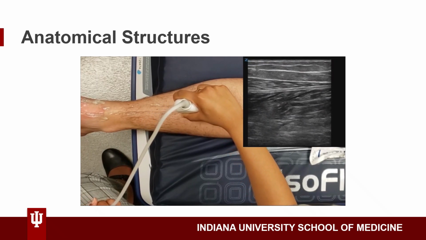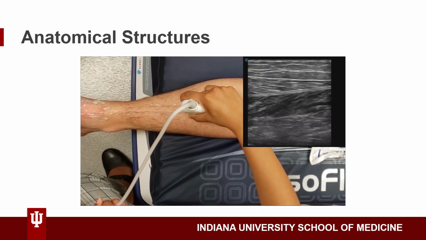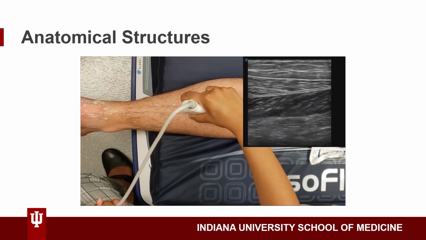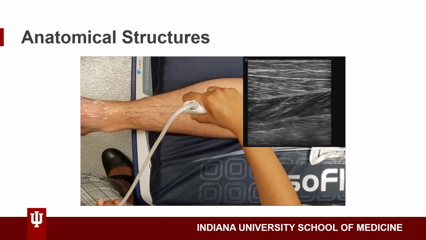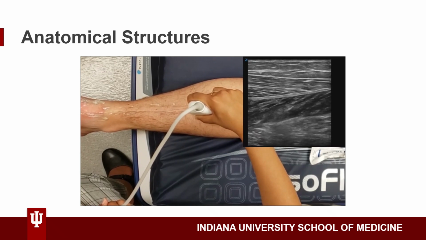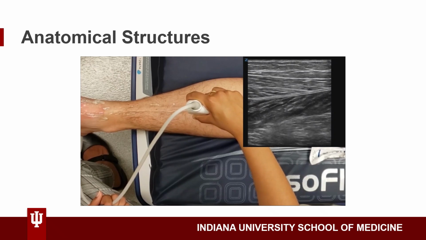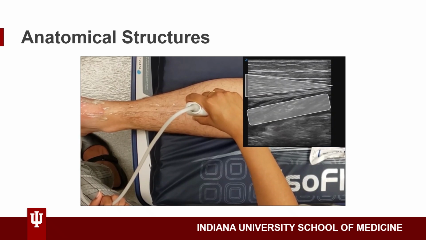Here I can begin to see the gastrocnemius muscle. Here I can see the gastrocnemius and the soleus and the myotendinous junction.